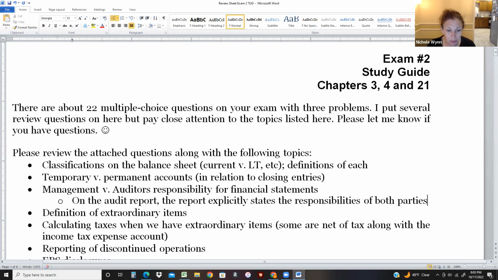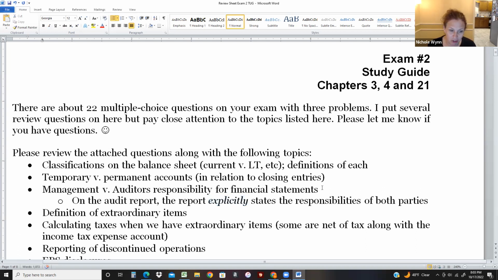Both management's responsibility and the auditor's responsibility is explicitly stated. It's not implied, it's actually said. They say the management is responsible for the creation of these financial statements, and then they say the auditor is responsible for reviewing them for material misstatements. And so the key word there is explicitly, because it's actually stated on the audit report.